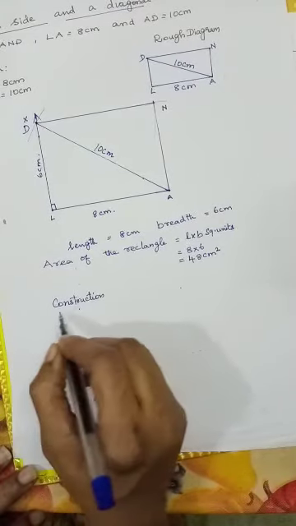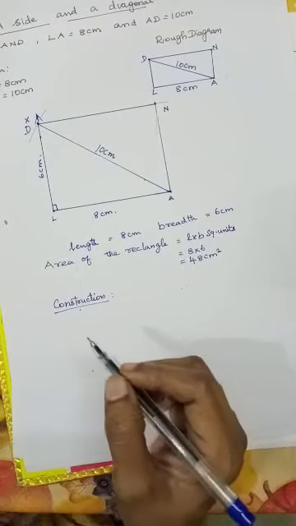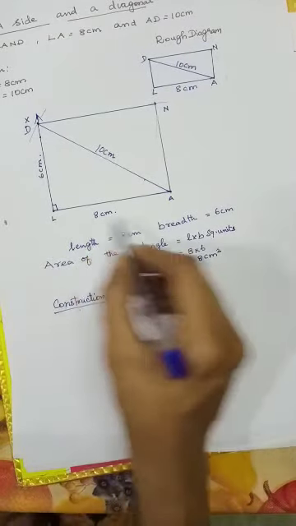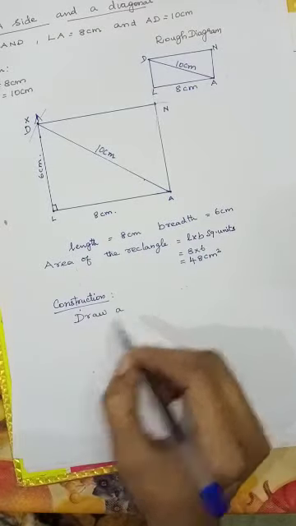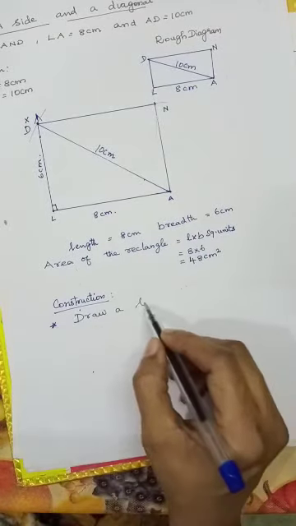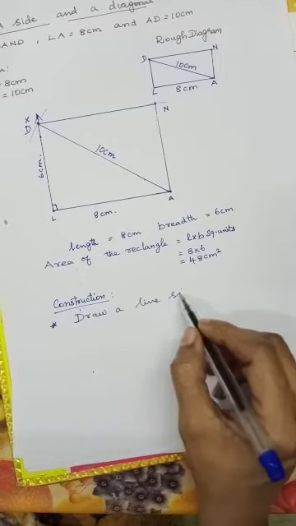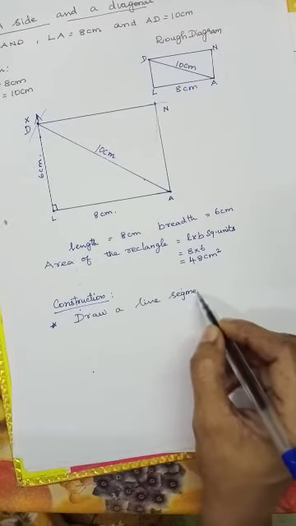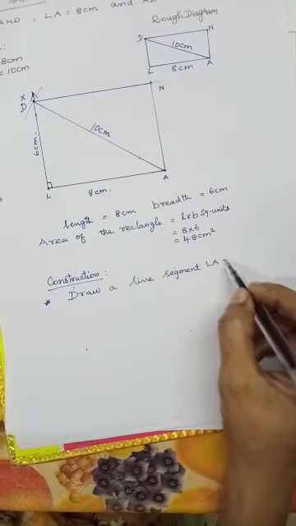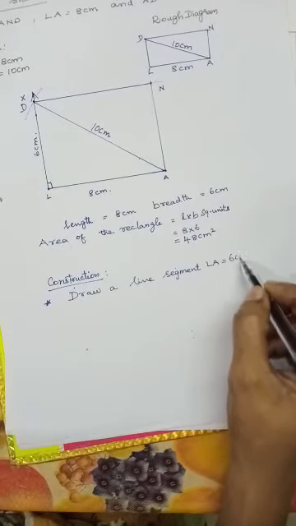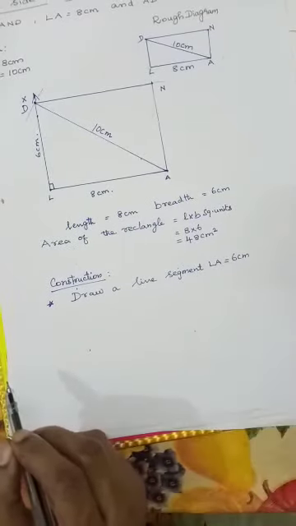Construction. Okay. First point is draw a line segment. We have drawn a line segment. Draw a line segment LA is equal to 8 centimeter. Okay.